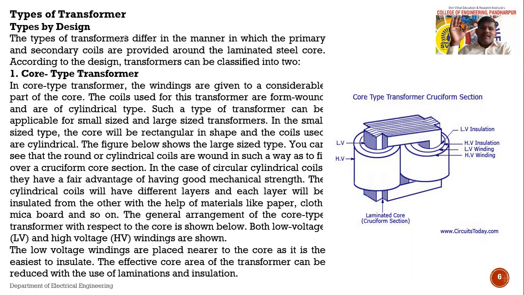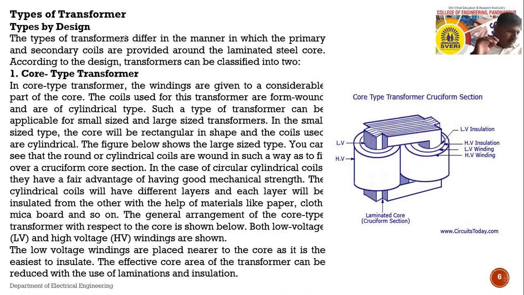According to voltage level, step up transformer and step down transformer. Now we will discuss one by one. And according to the measurement purpose, there are two types of transformer, potential transformer and current transformer, that is PT and CT.